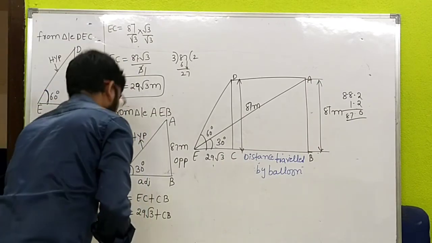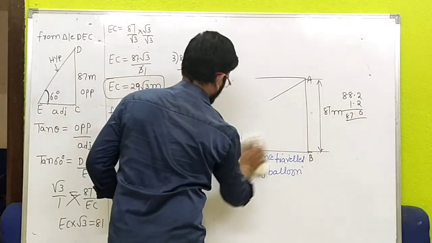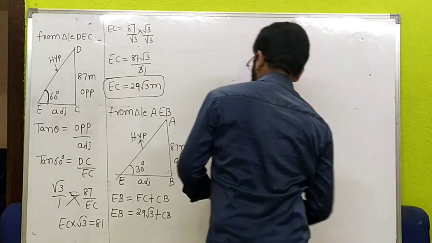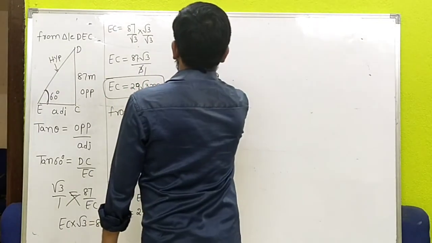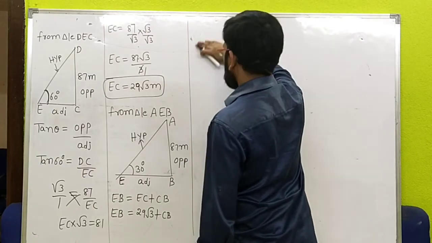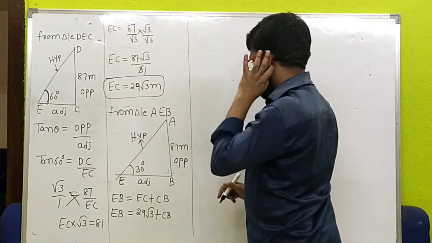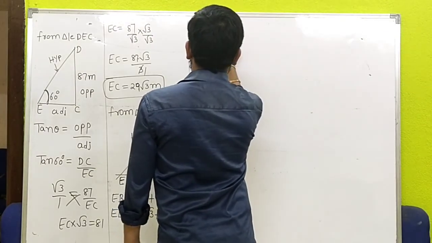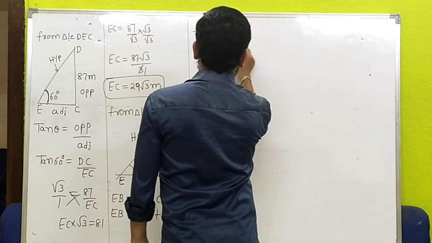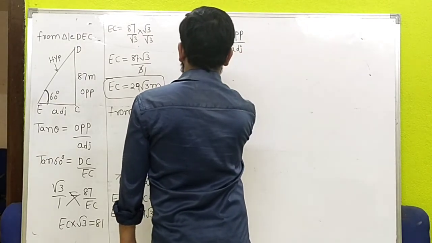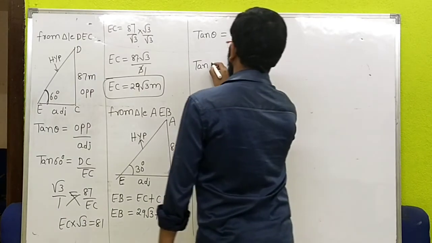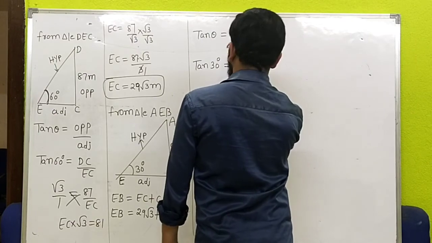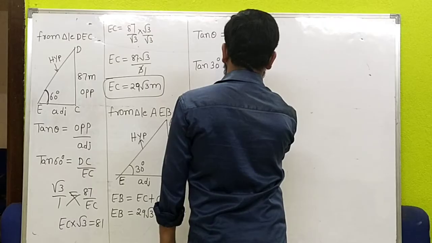From triangle, tan theta: we have the opposite and need to find the adjacent. So tan theta equals opposite by adjacent. Tan 30 degrees equals opposite AB by adjacent EB.